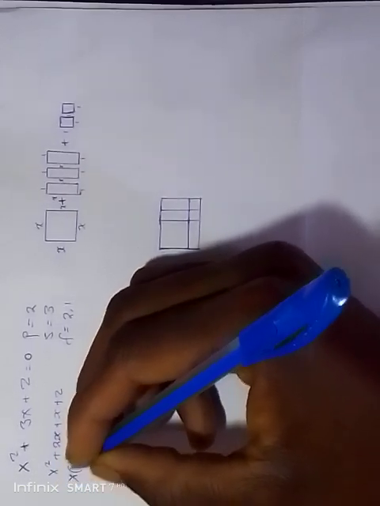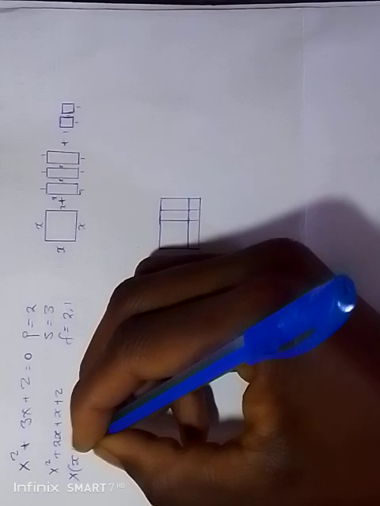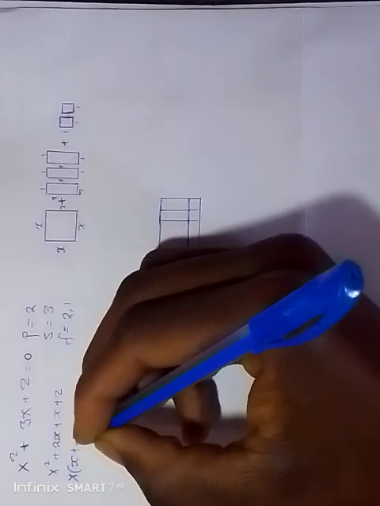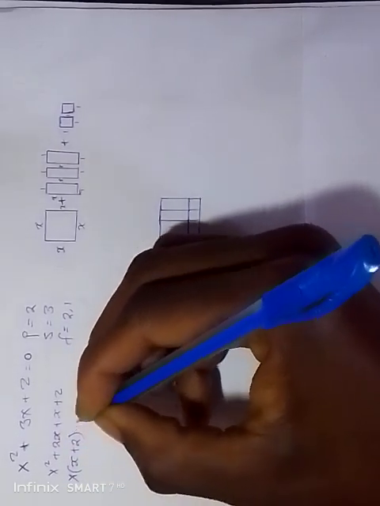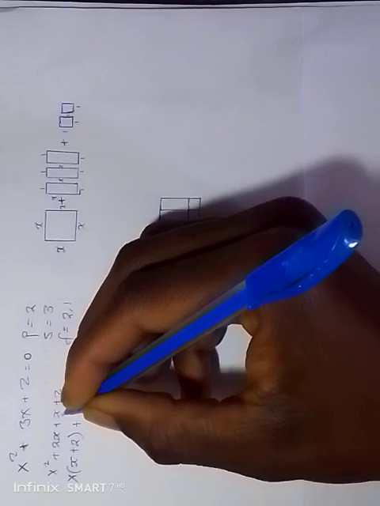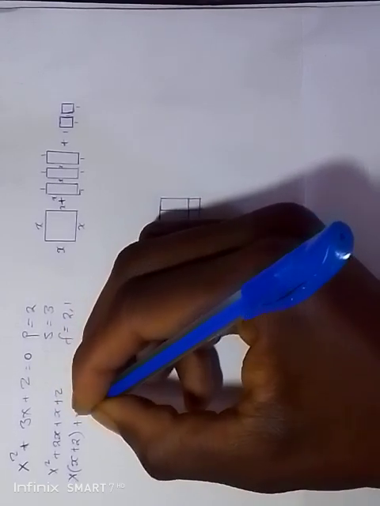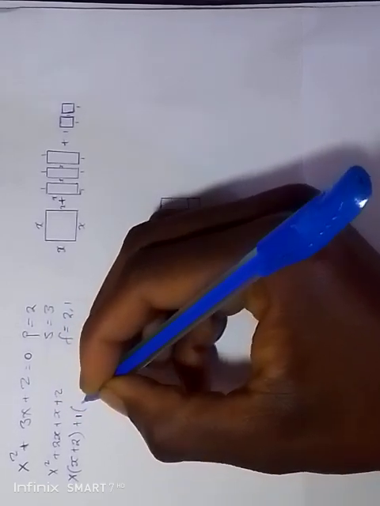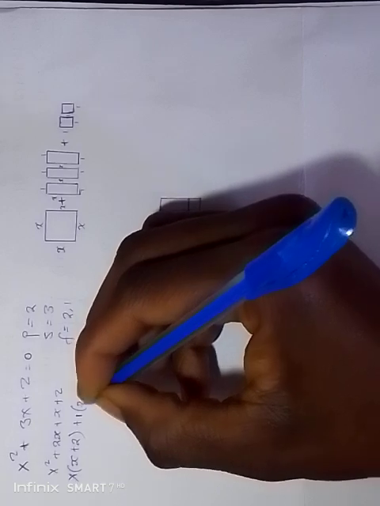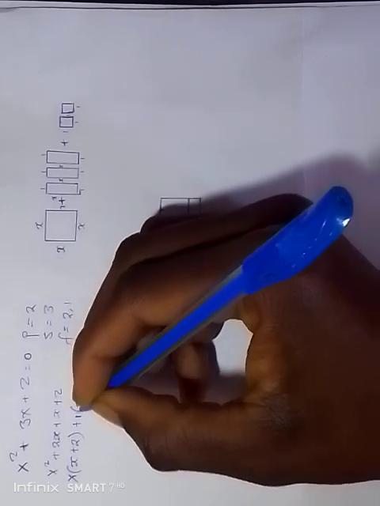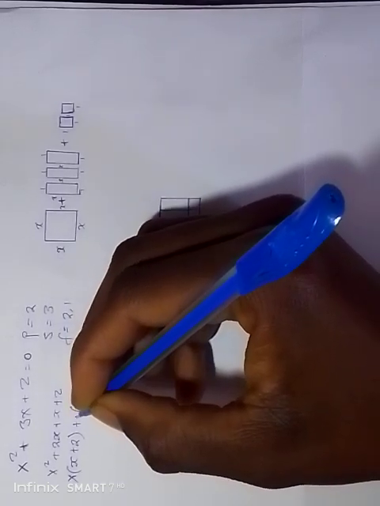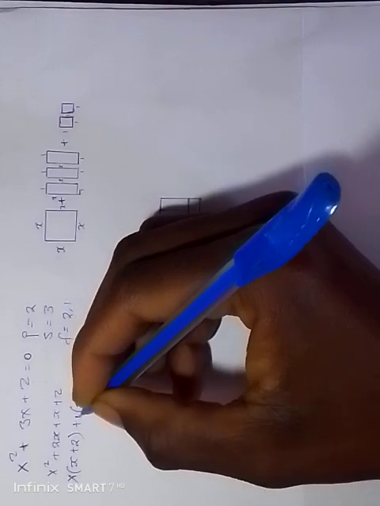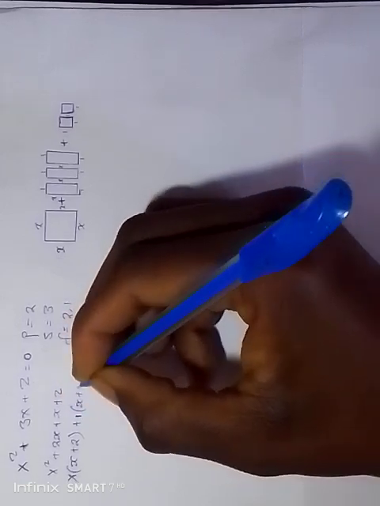Then x into x squared, we remain with 1x, plus x into 2x, we remain with 2x. Then plus, here we are going to factor out 1. So 1, then open bracket, 1 into x, it's x, then plus 2, and 1 into 2, it's a 2.